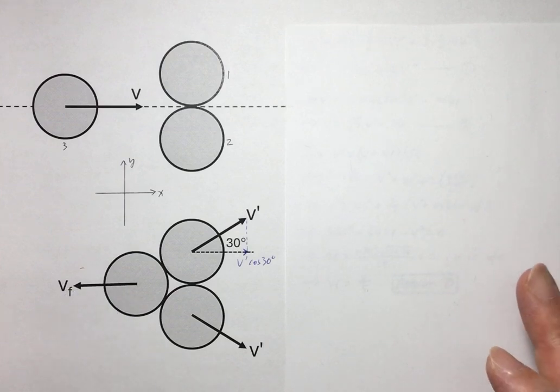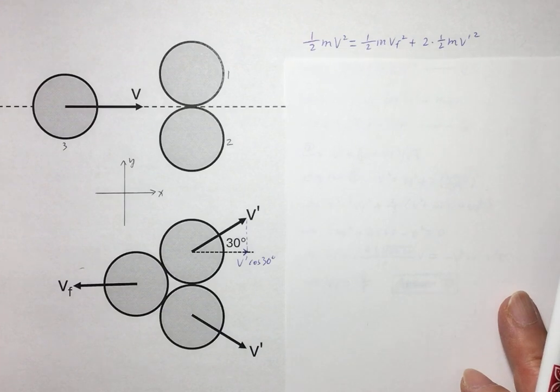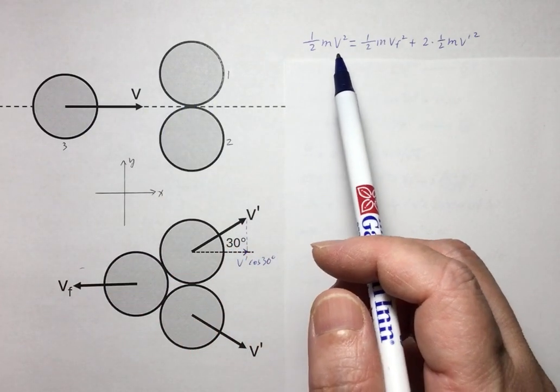First, because everything is elastic, the energy is the same before and after the collision. Before the collision, the kinetic energy is half mv squared.